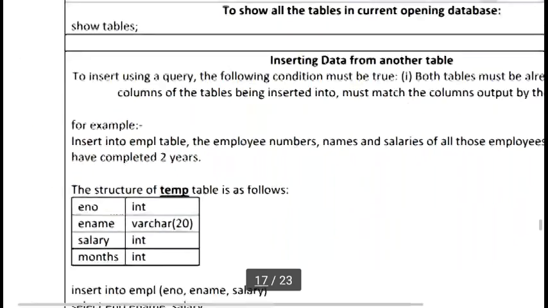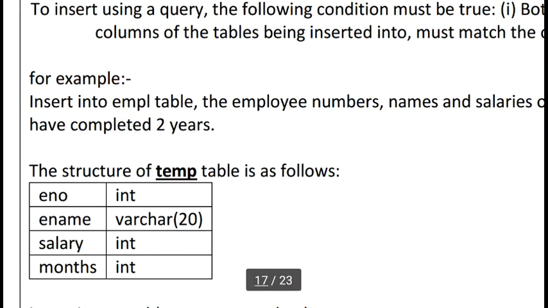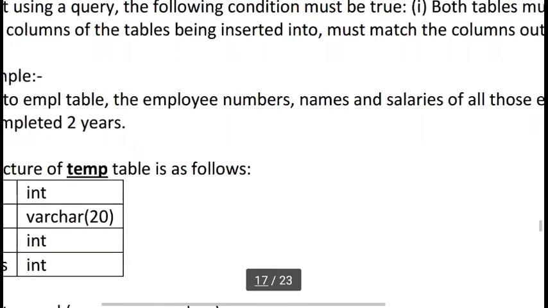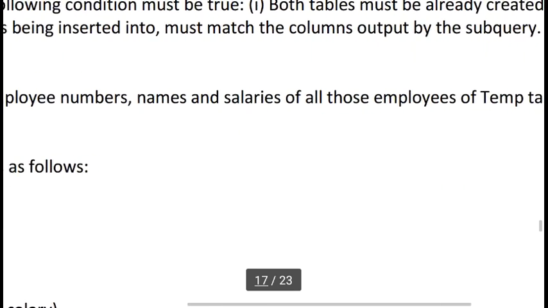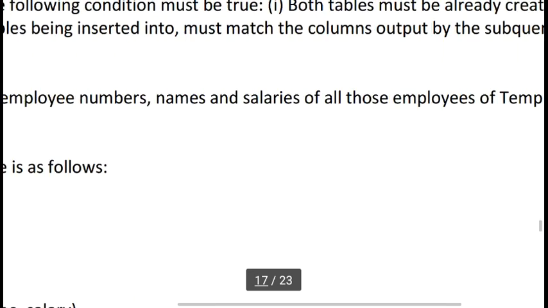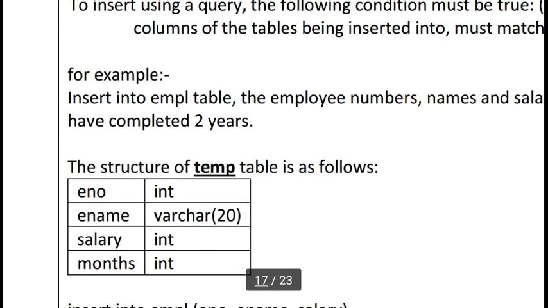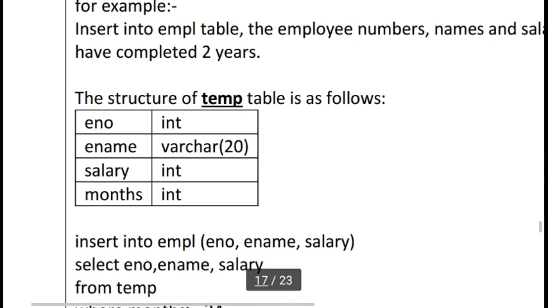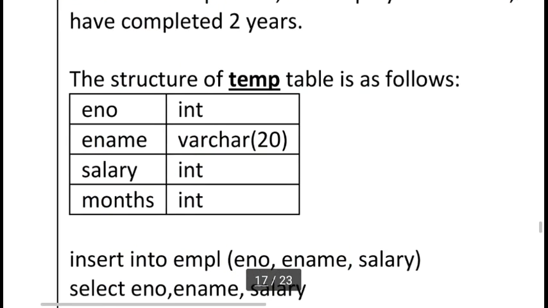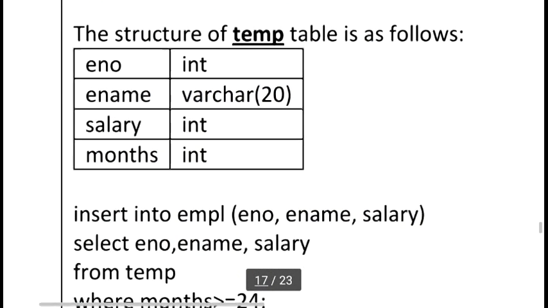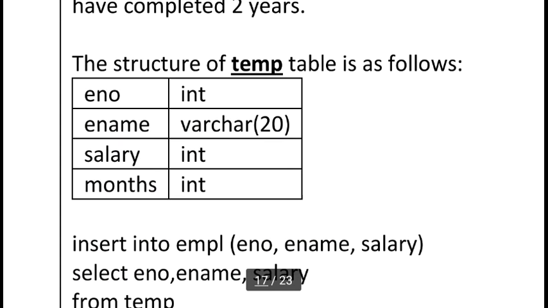So we can take a practical example. Suppose for example we insert into the EMPL table the employee number, name, and salary of all those employees of temp data that has completed 2 years. You can see this is our temp table.